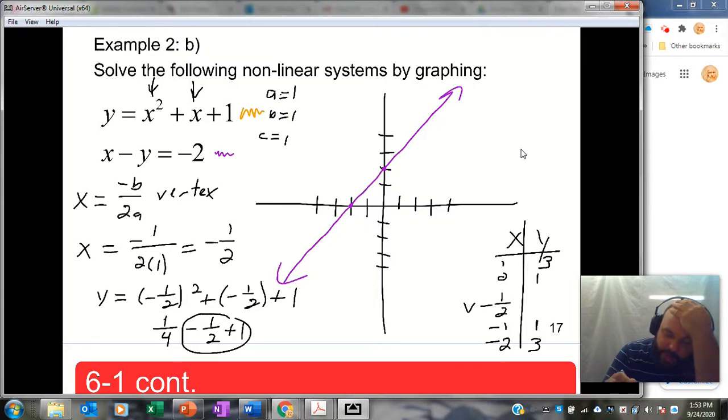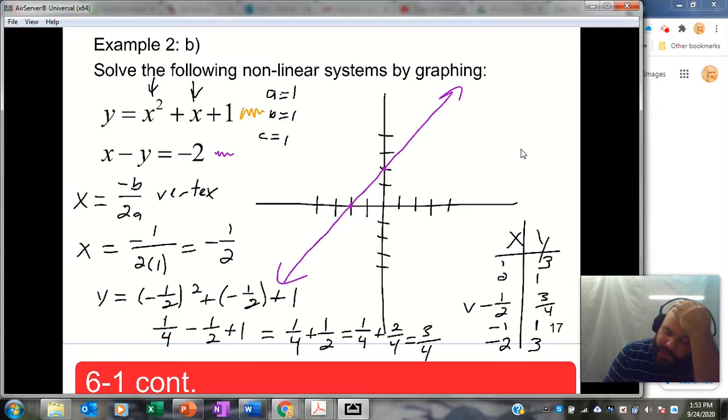So we have negative 1/2 plus 1, which is just 1/2. So this turns into 1/4 plus 1/2. And you've got to get a common denominator. So it would be 4. So you'd have 1/4 plus 2/4, which would give me 3/4. So my value in the last y value is now 3/4. And you can see why I only did that one, because that one was harder because of the fractions. The other ones you could do in your head.